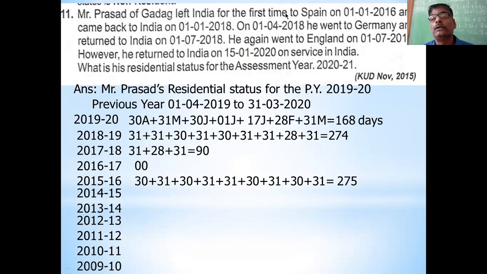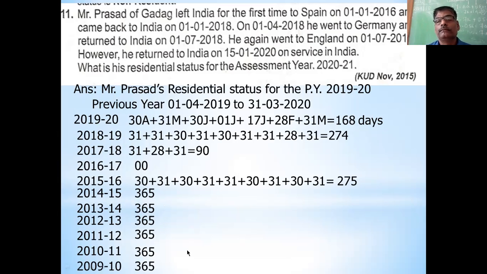First time he went out means for all these years he is in Gadag itself. For all these years he is in Gadag because he is a resident of Gadag. Therefore, 365 days in Gadag, next 365, next 365, 365, 365. All these years he is in Gadag because first time he left Gadag was on 1/6/2016. Like this you put the days.